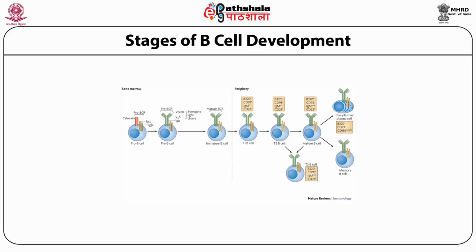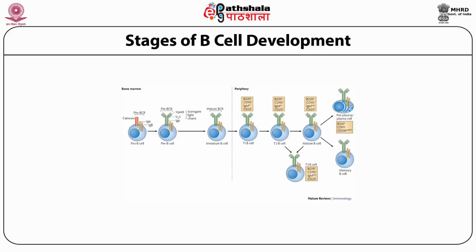So a mature B cell contains both IgM and IgD, with both light and heavy chains, and it has identical antigen specificity. This means each individual contains a large repertoire of B cells, and each B cell is specific for an epitope.